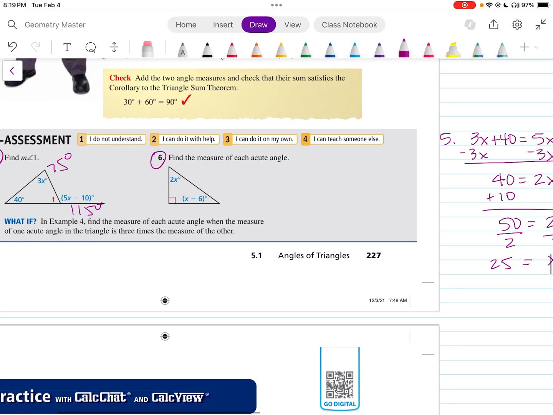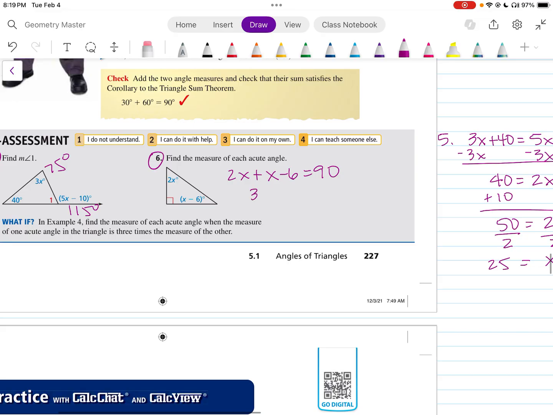On number 6, find the measure of each acute angle. We know that 2x plus x minus 6 have to equal 90, because if one angle equals 90 and all three of them equal 180, the other two have to equal 90. Combine like terms, 3x minus 6 equals 90.